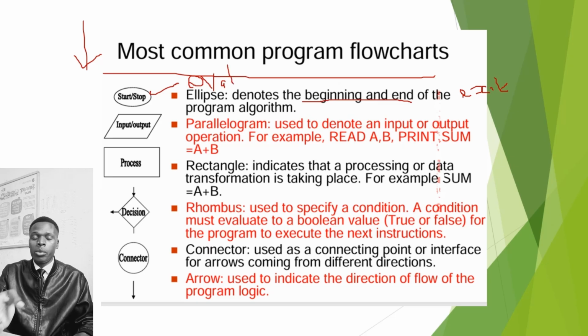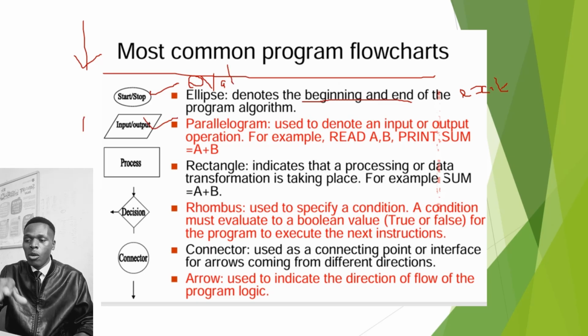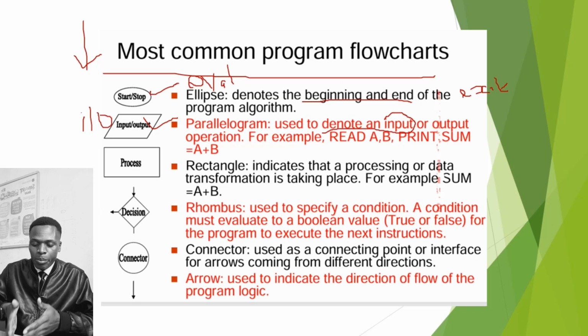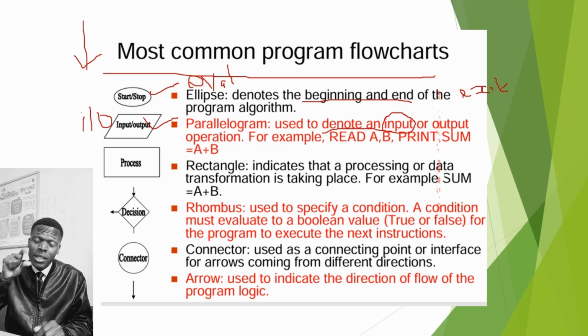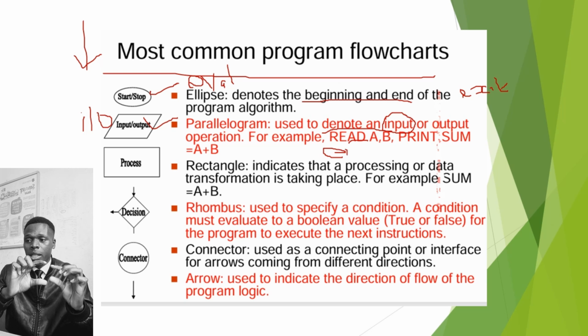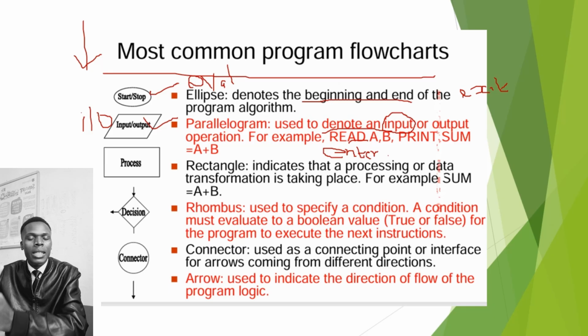Input and output is the parallelogram. This parallelogram denotes the input, where we are saying input X and Y, enter X and Y. Those keywords, input, enter, are supposed to be in this symbol.